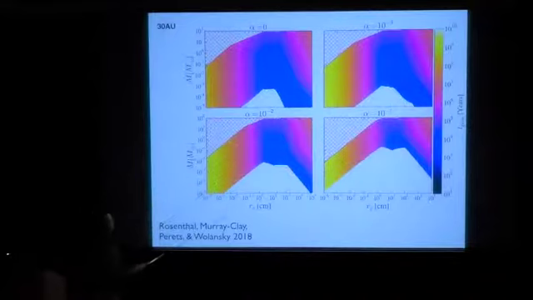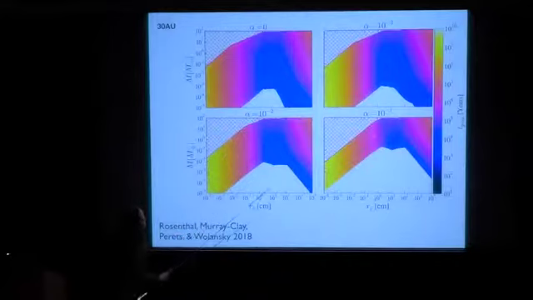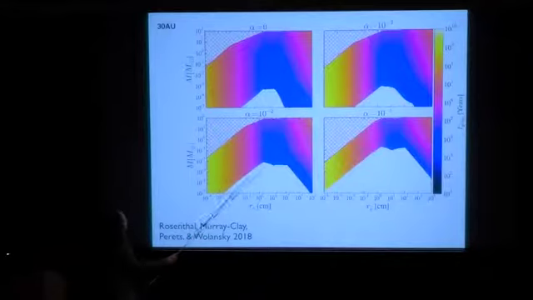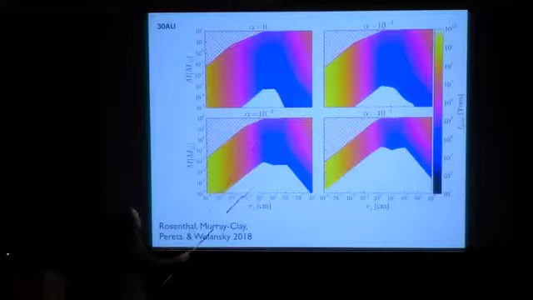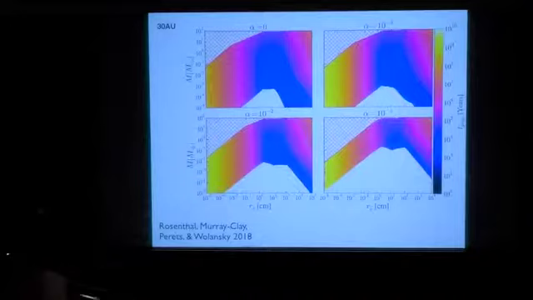You can see that there's a range of core masses here where you have a range of particle sizes where it's blue, and you can have very fast growth. But you actually have to get up to a minimum mass before you can reach that fast growth regime. And that's because the turbulence makes the relative velocity so high that it's hard for capture to happen. And you can see that actually changes with the different turbulence levels.